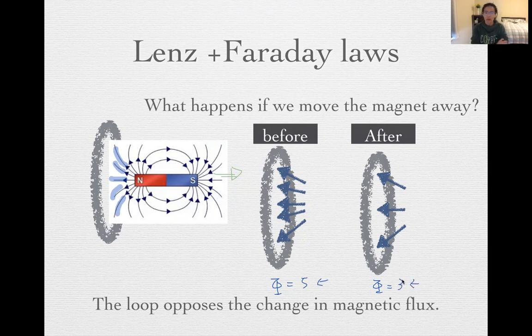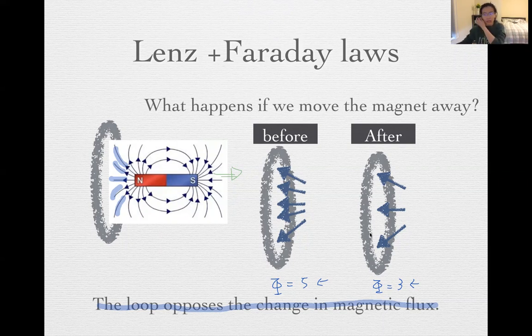So think about this. If you were the ring and originally you have 5 to the left, and now you only have 3 to the left, how do you feel? If you were this ring, you would feel unhappy about it. You don't want any change in magnetic flux. This is the key idea behind all of this: the loop does not like the change in magnetic flux.